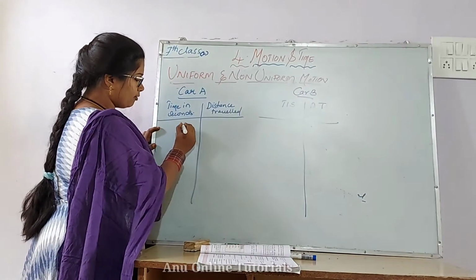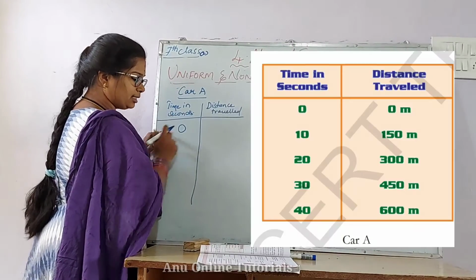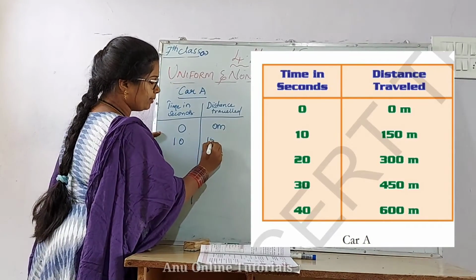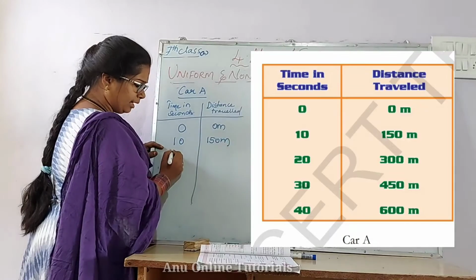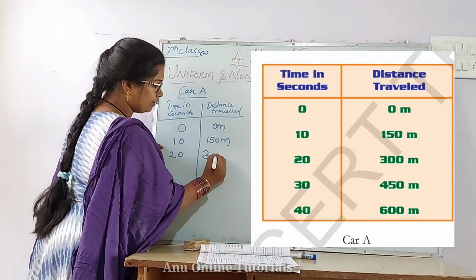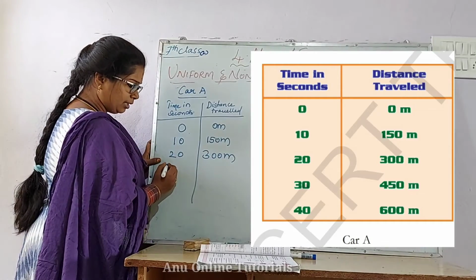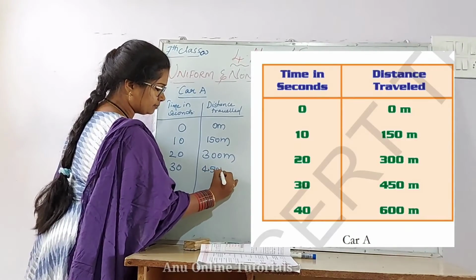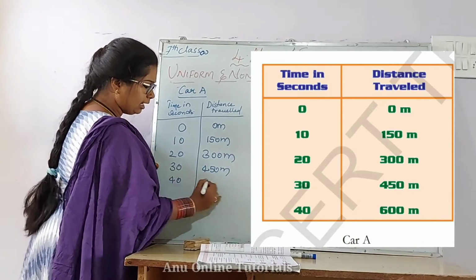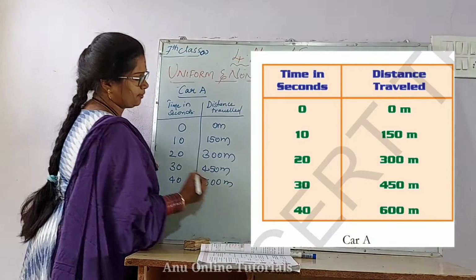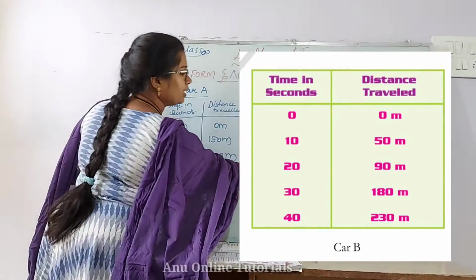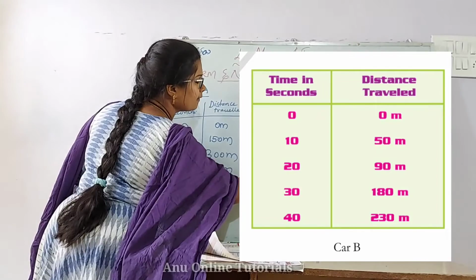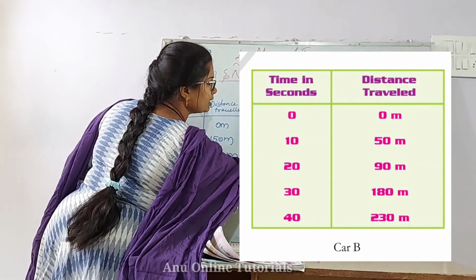In 0 seconds, car A has traveled 0 meters. In 10 seconds, 150 meters. In 20 seconds, 300 meters. In 30 seconds, 450 meters. In 40 seconds, 600 meters. Here in car B, in 0 seconds, 0 meters. In 10, 50 meters.